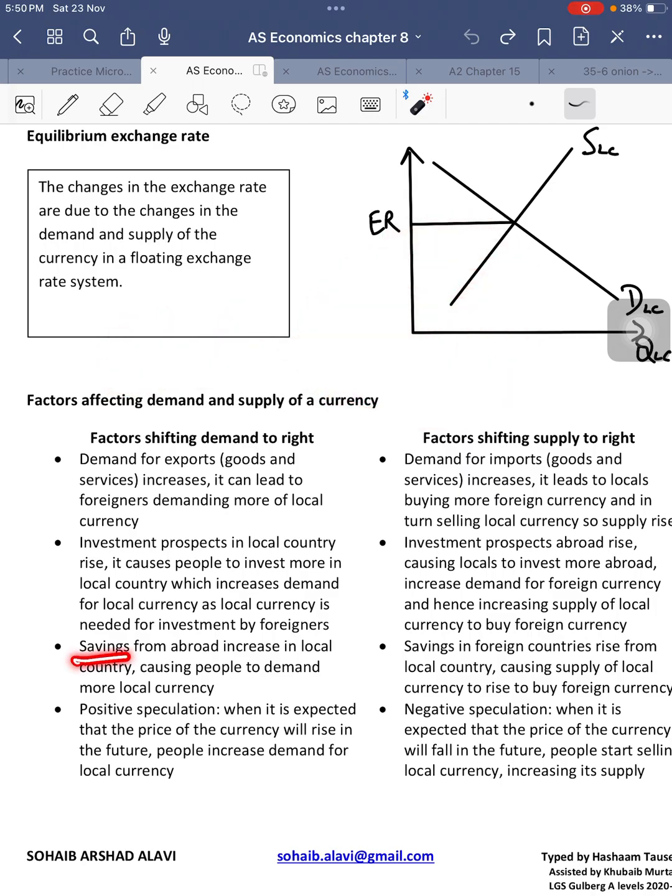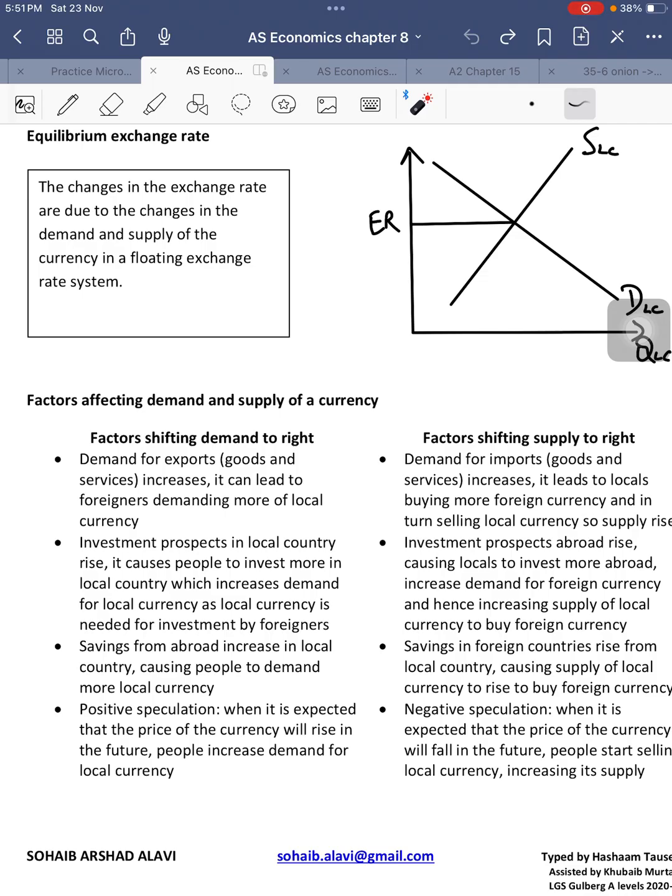Number 3, savings from abroad in our local country. Let's suppose people living in foreign countries want to save money in our banks and in our bonds, right? In which currency will they save money?